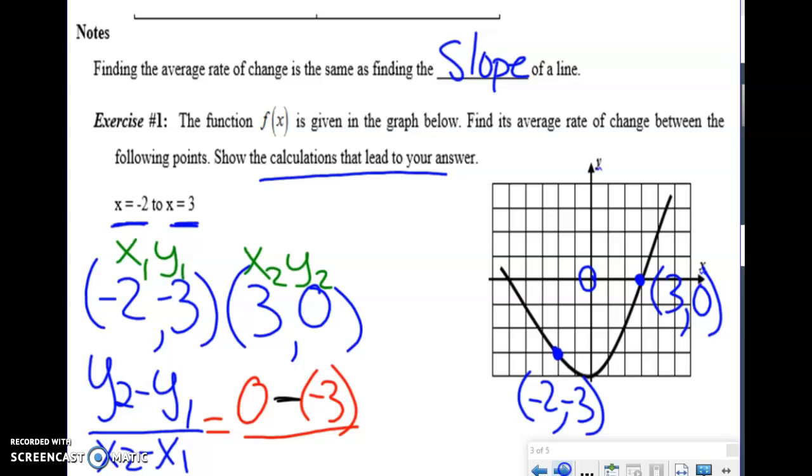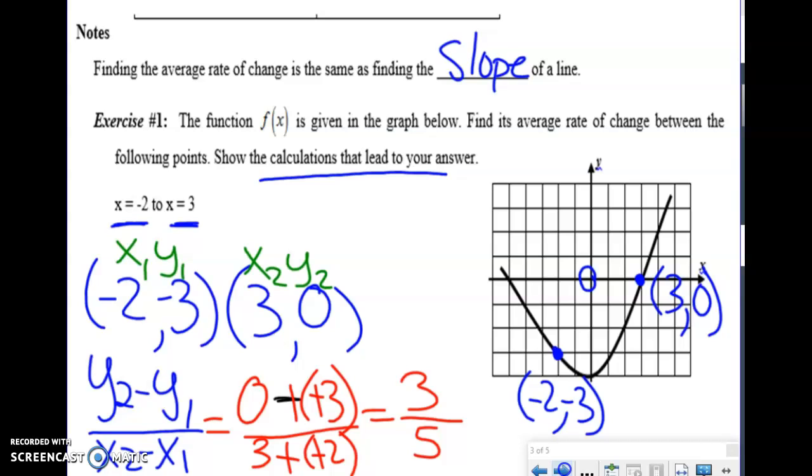So I want to do this as 3 minus, and again, a -2. So a double negative. Now we all know how a double negative works. It's simply adding. So 0 plus 3 is 3, and 3 plus 2 is 5. So that's how you would use the formula to find the slope.